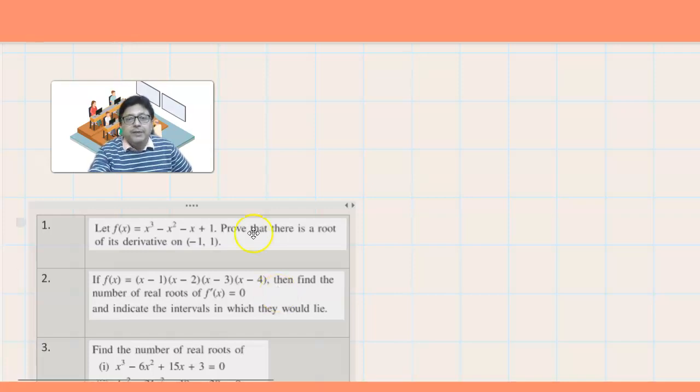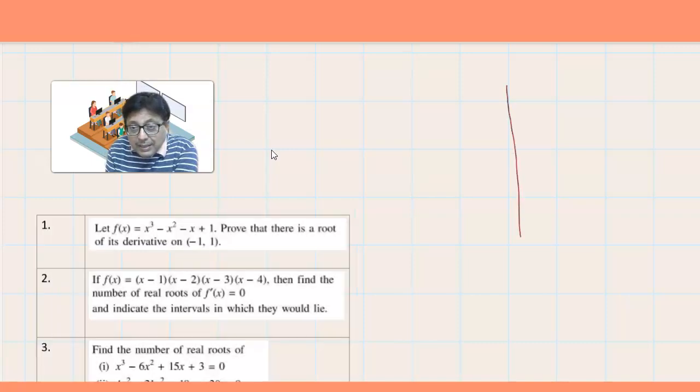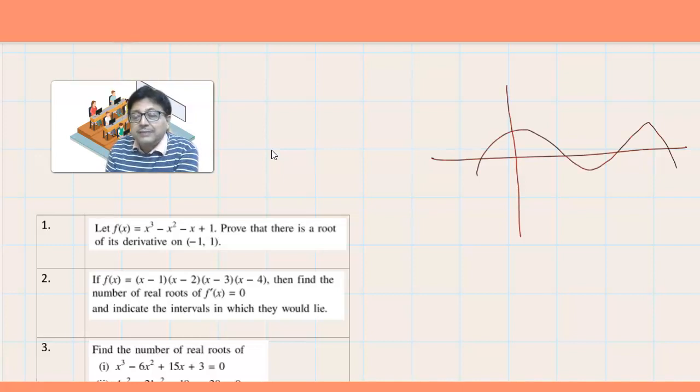Am I clear? Between two successive roots of f(x), there is at least one root, not one root, at least one root of f'(x).